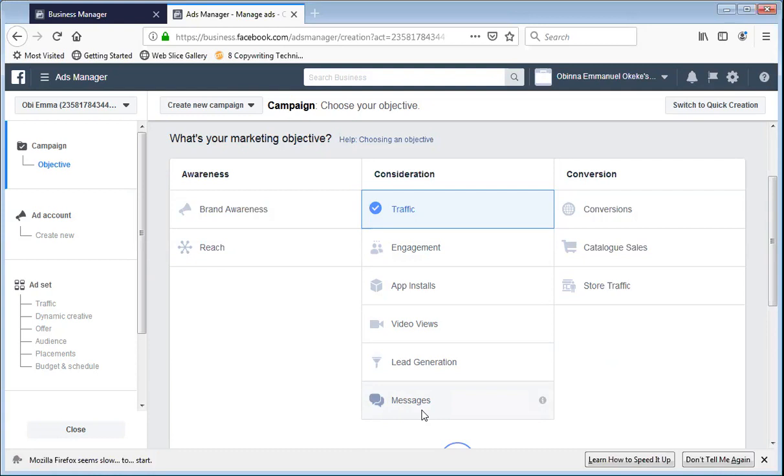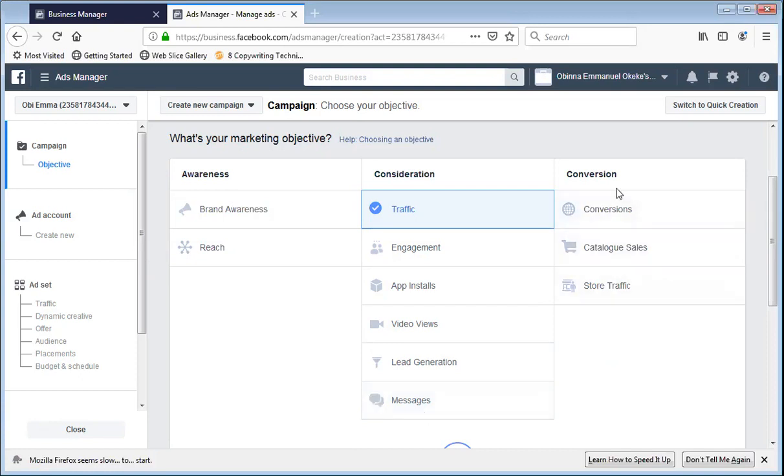So when people see your advert, they click on the send message button, and it automatically takes them to your WhatsApp account where they can leave you a message, or it could be to your Facebook Messenger. All right. So it is for you to look at the product you are selling and know which of these objectives would be best suited for it.